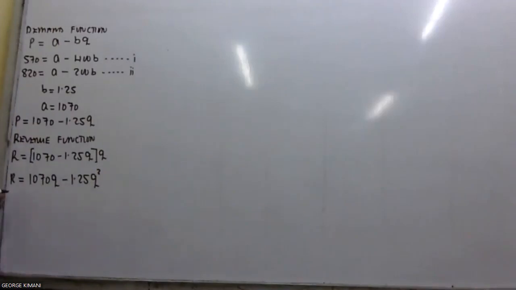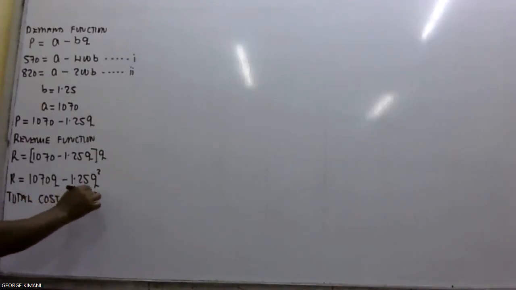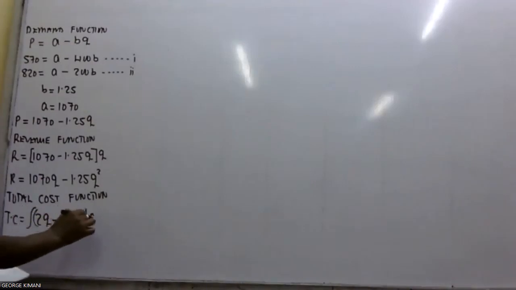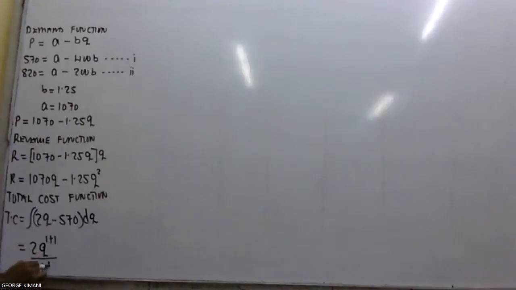Total cost function. You will get it by integrating 2Q minus 570 with respect to Q. So this becomes 2Q raised to 1, you add back 1, you divide by 1 plus 1.